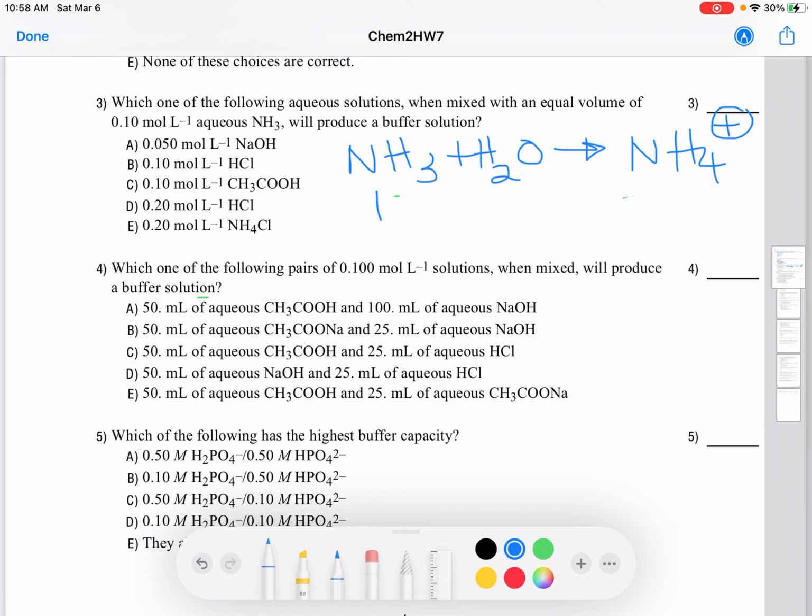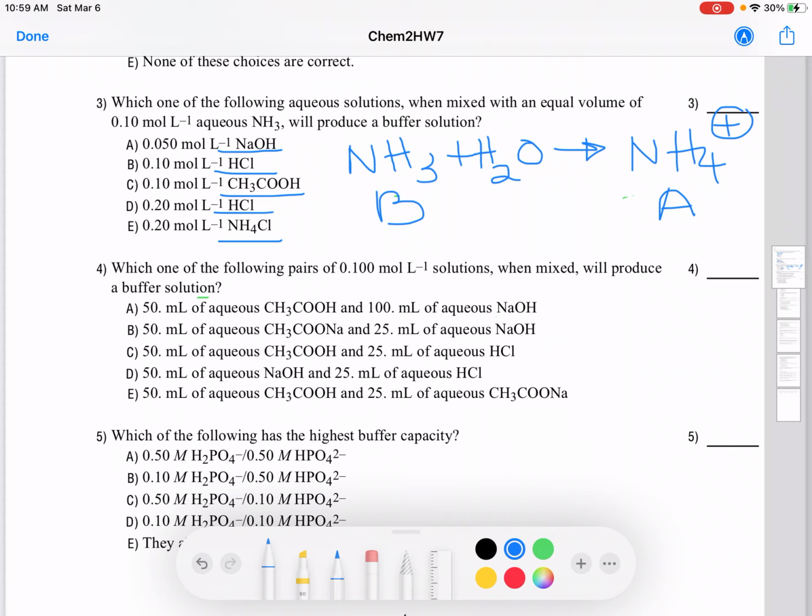If ammonia is going to make a buffer system, its conjugate acid component has to be something that has ammonium ion in it. So you're going to choose the answer that contains ammonium ion. This is sodium hydroxide, not the correct one, and the others are not correct either. And ammonium chloride, the last one, has the ammonium component in it. So that looks like the buffer system. Ammonia with ammonium chloride will make a buffer solution.